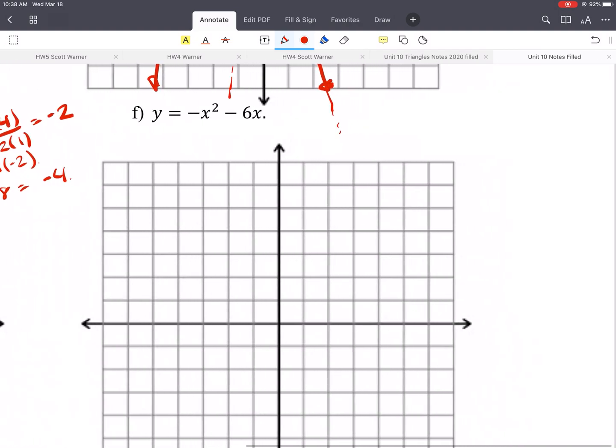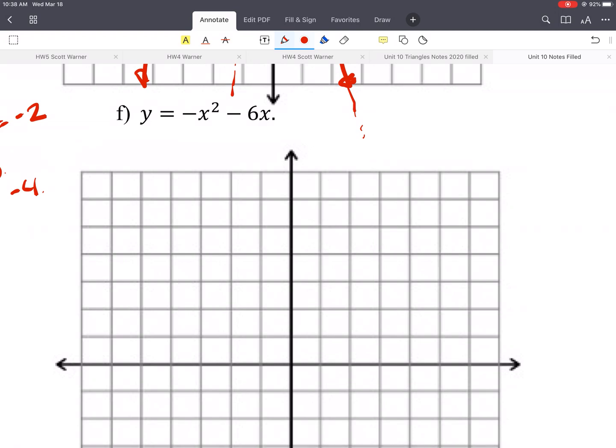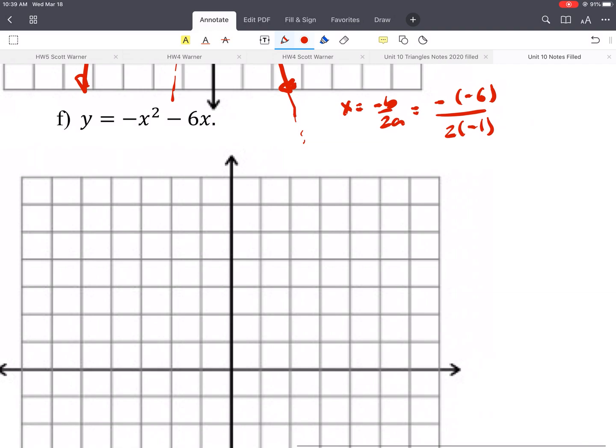All right, just a couple other examples. Same thing. We have x is equal to negative b over 2a. We have negative b, well b is negative 6, over 2 times negative 1. So that ends up giving you 6 over negative 2, or negative 3.